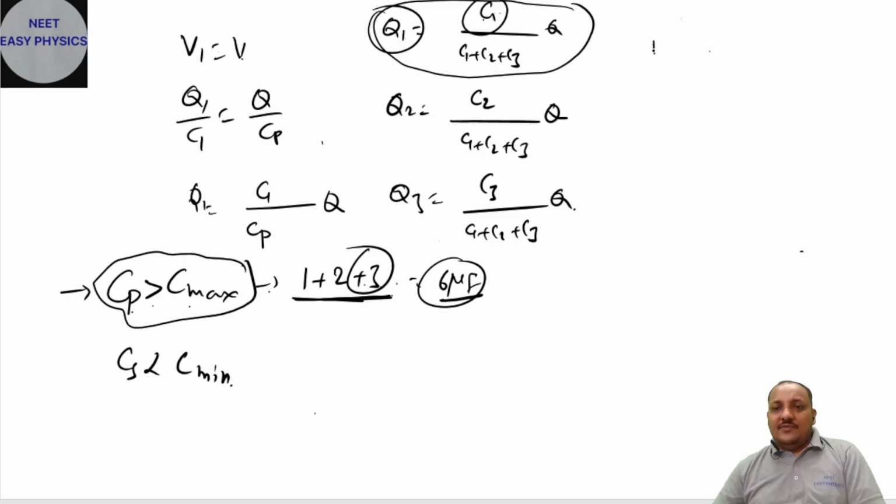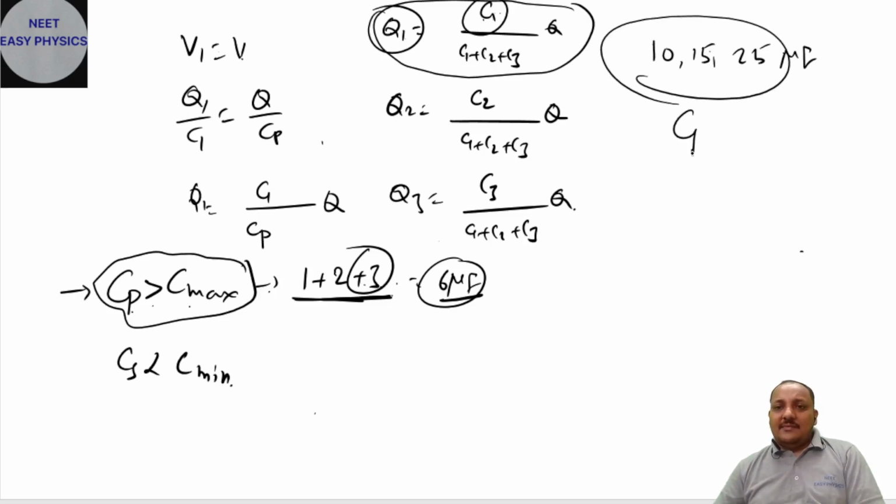If you connect three capacitors of 10, 15, 25 microfarad in parallel, the effective will be greater than 25, which is the maximum. If those are connected in series, it is less than 10 microfarad. Understood? That is the meaning of this point.